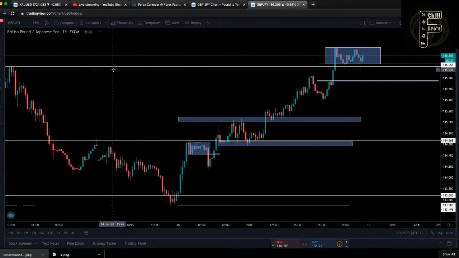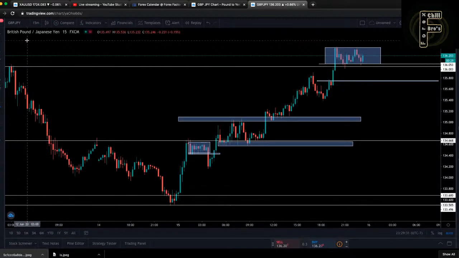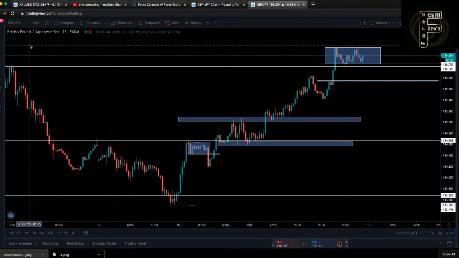Any trade I take, I'm going to put a text up front so you know I took a trade. So just wait.